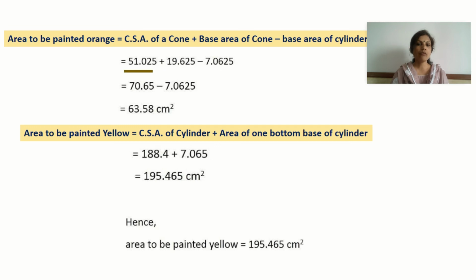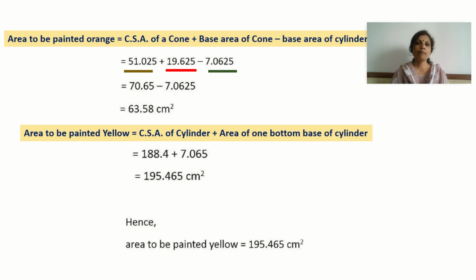Base area of cone is 19.625 minus base area of cylinder is 7.065. So if you solve this, you get 70.65 minus 7.065. Subtract and your answer is 63.58 centimeter square. This is area to be painted orange in color.